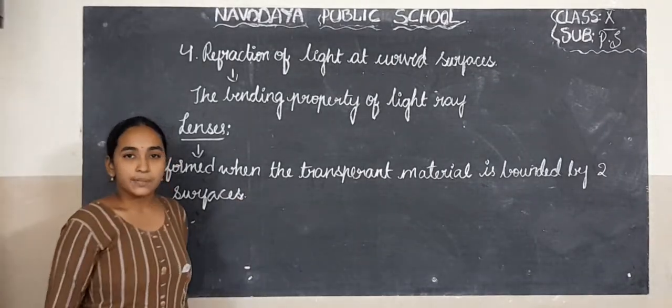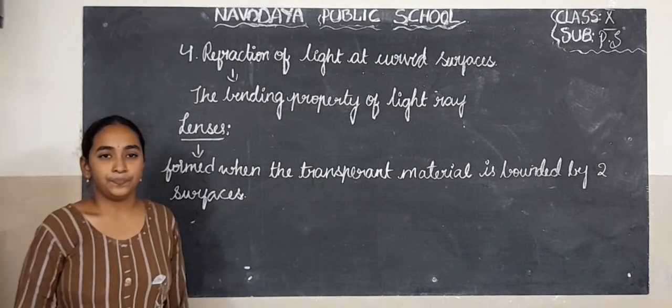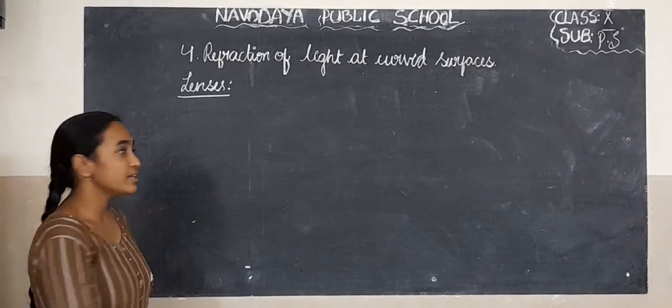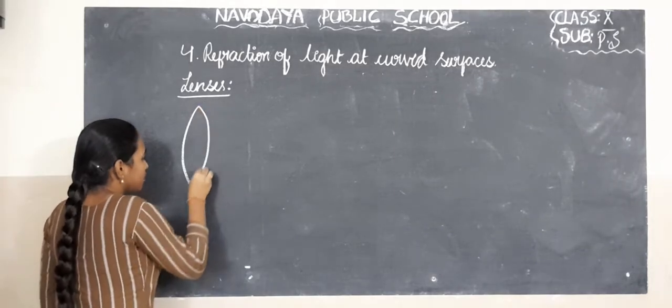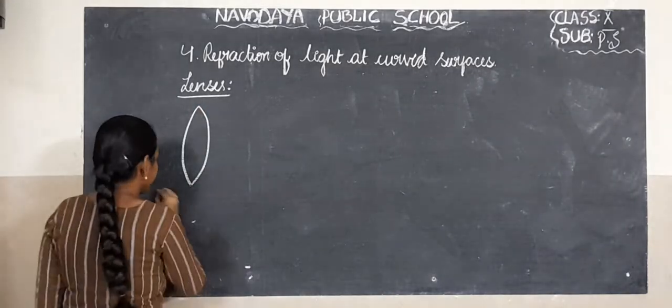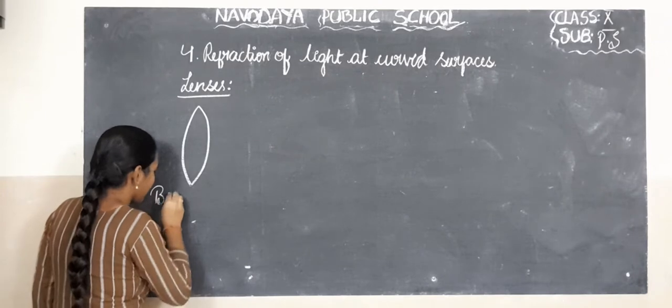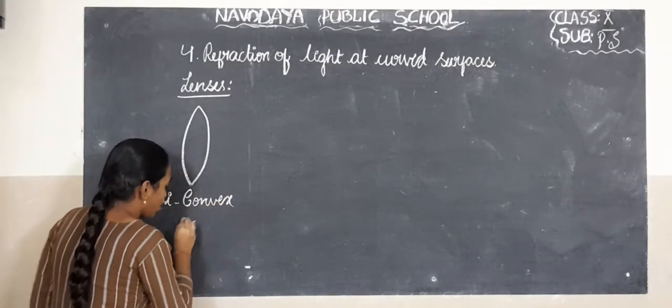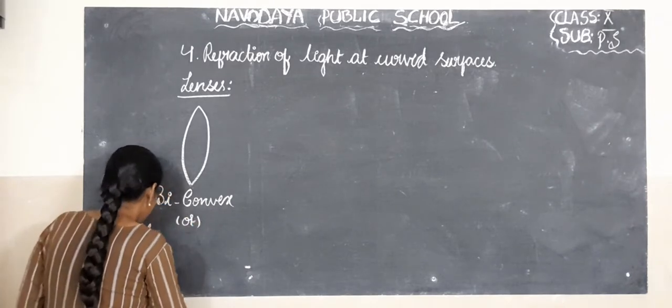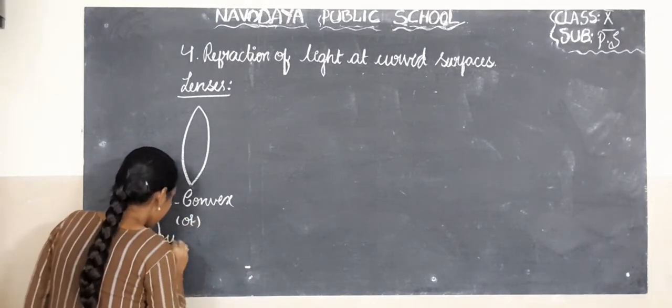Now I am going to explain some of the lenses. First one is biconvex lens, or double convex lens.